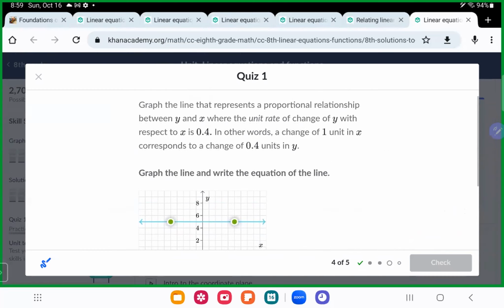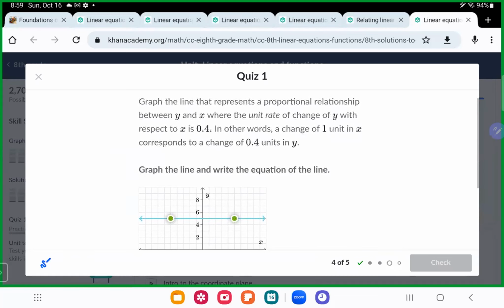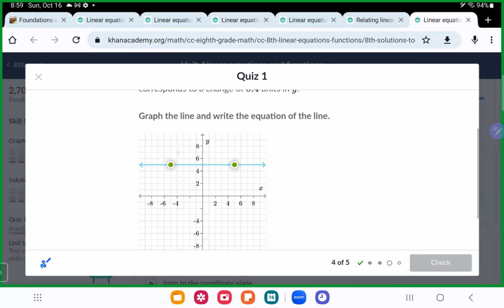Graph the line that represents the proportional relationship between y and x, where the unit rate of change is 0.4. In other words, every 1 is 0.4. So that means if it's proportional, it goes through 0, 0, and 1 goes to 0.4. But I don't know if we can really graph that.